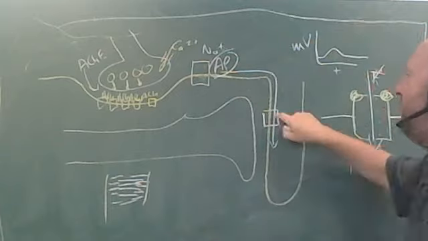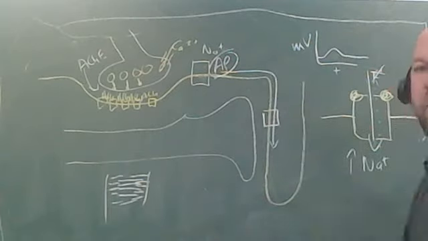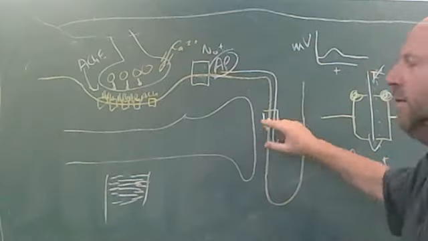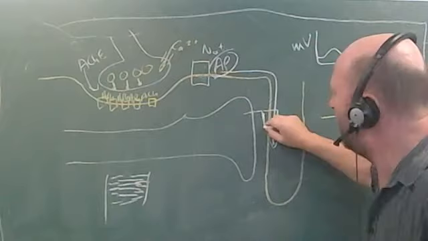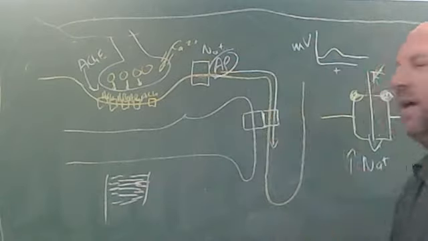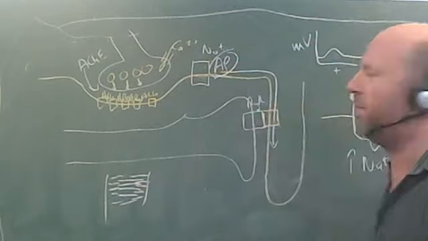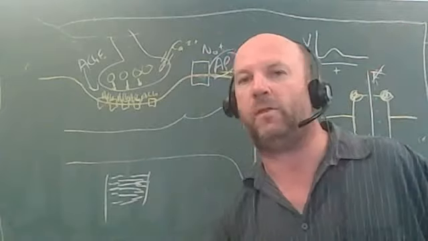When this is depolarized and threshold is reached, the dihydropyridine receptor opens. Now obviously you're going to think, well cool, calcium comes rushing in. No, it's not quite. The calcium that stimulates muscle contraction doesn't come from here. This receptor is actually coupled, in some respects, to another receptor found on the membrane of the sarcoplasmic reticulum inside the muscle, and this receptor is known as the ryanodine receptor.